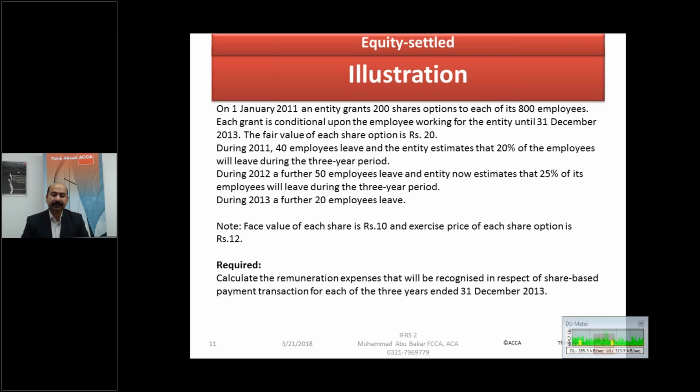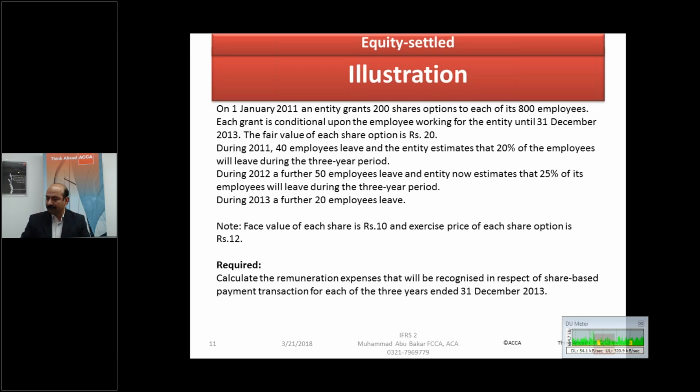During 2013, a further 20 employees leave. Note, face value of each share is rupees 10 and the exercise price of each share option is rupees 12. Calculate the remuneration expense that will be recognized in respect of the share-based payment transaction for each of the 3 years ended 31st December 2013.